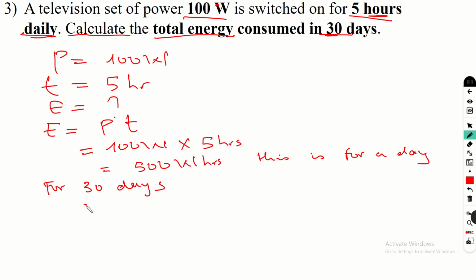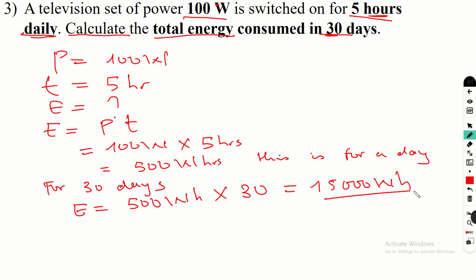So the energy now will be equal to this energy for 1 day times 30 days. So it will be 500 watt hour times 30. So it gives you 15,000 watt hour. So this is energy consumed by the TV for 30 days.